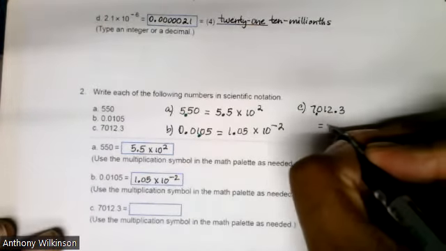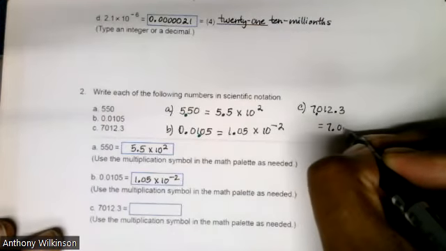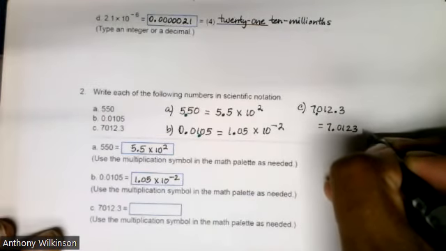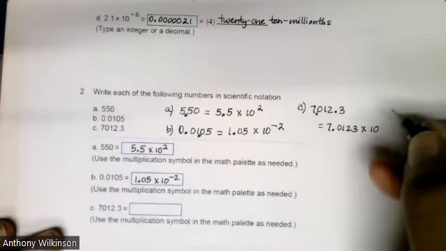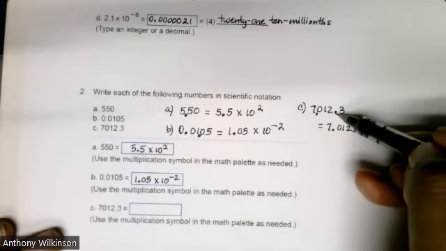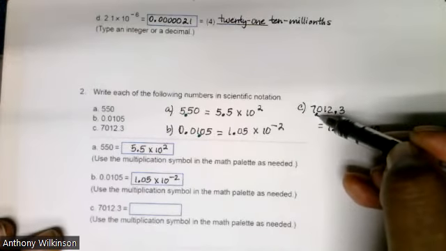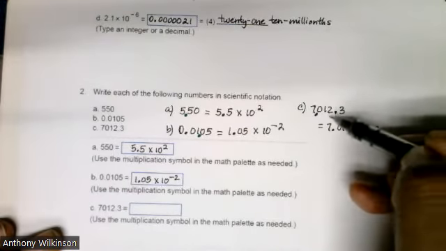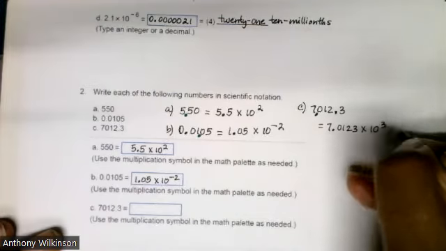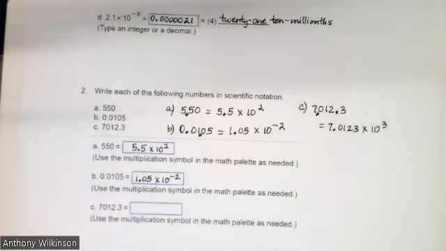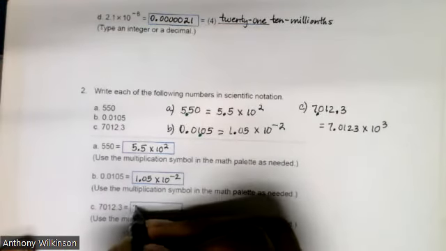So I'm going to have 7.0123 times 10. I went from this decimal point to this decimal point here. I went to the left 3 places, so the exponent for the 10 would be 3. So it'd be 7.0123 times 10 to the 3rd.